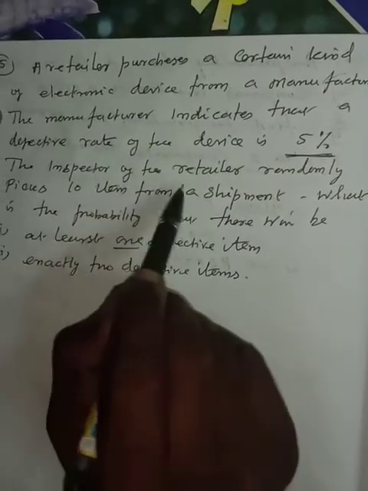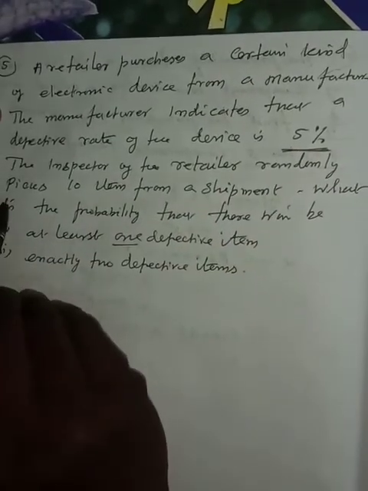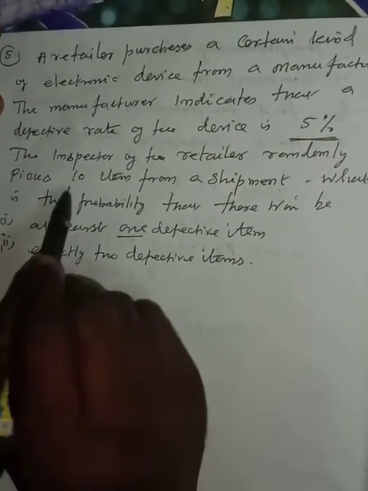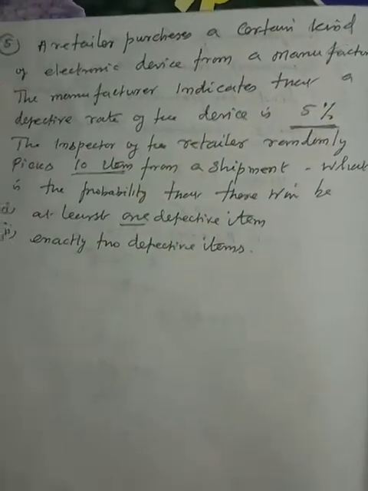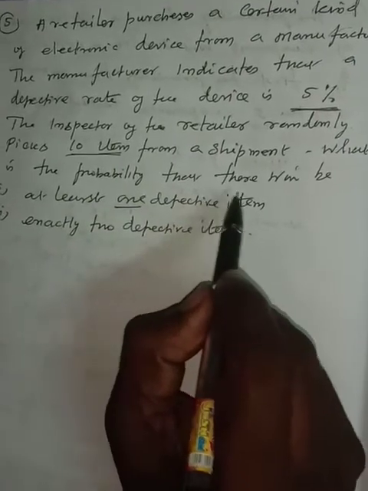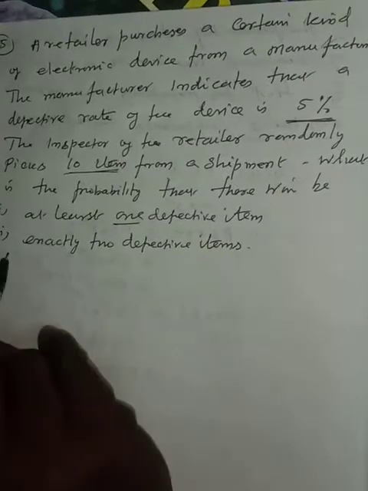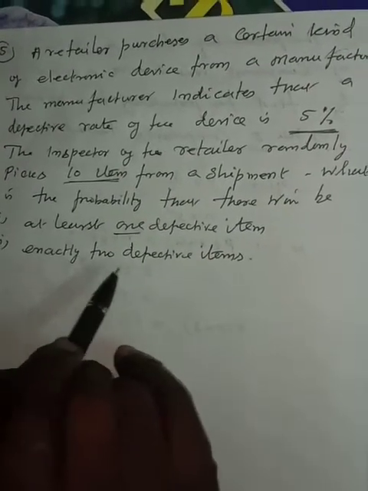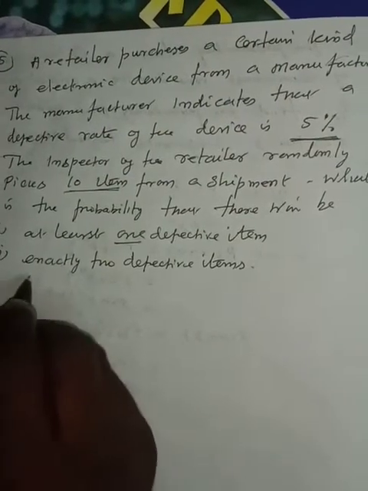The inspector of the retailer randomly picks 10 items from the shipment. The question is, what is the probability that there will be, number 1, at least one defective item, and number 2, exactly two defective items.